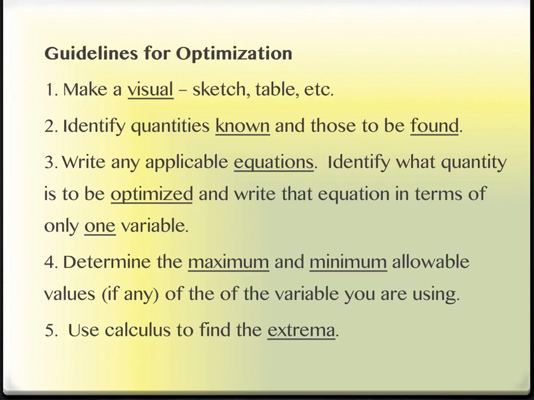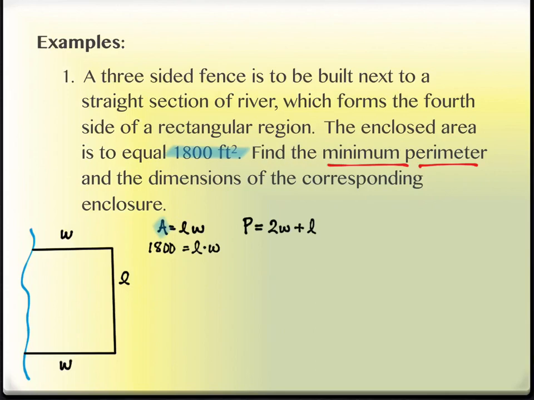Write the equation in terms of 1 variable. I need to have only 1 variable, and right now there are 2. I have a W and an L, correct? So I need to adjust this equation so that I don't have a W and an L. Can anybody see a way that I can do that?